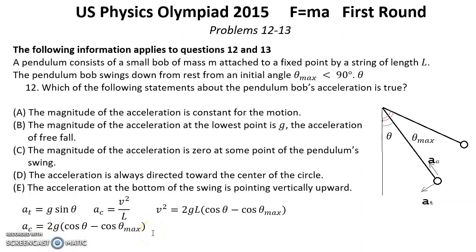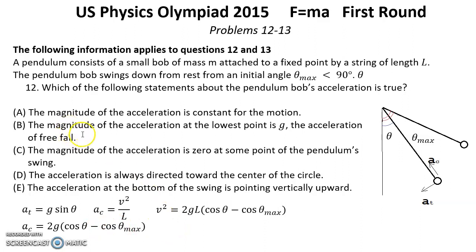Now let's evaluate all the statements here. A. The magnitude of the acceleration is constant for the motion. As we can see, it's not constant. It's decreasing for tangential and it's increasing for centripetal. And if we count what the total is, we have to take the square root of a_t squared plus a_c squared, which is not constant either.